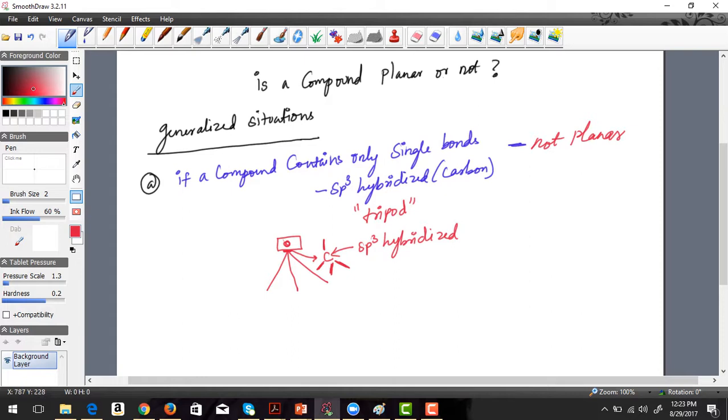And you do need that non-planar situation for a tripod to be effective. All right, very good. So if a compound contains only single bonds, sp3 hybridized carbons, it is non-planar.